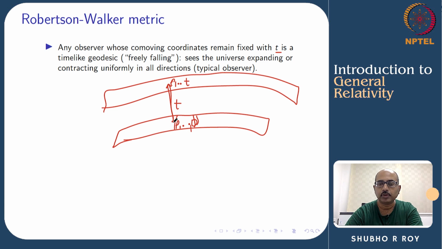Because they are a time-like geodesic, they can describe freely falling observers, okay? And these observers, for whom the co-moving coordinates are not changing, are the typical observers. Now we can technically define the typical observer: typical observers are those for whom the co-moving coordinates are not changing with time, okay?